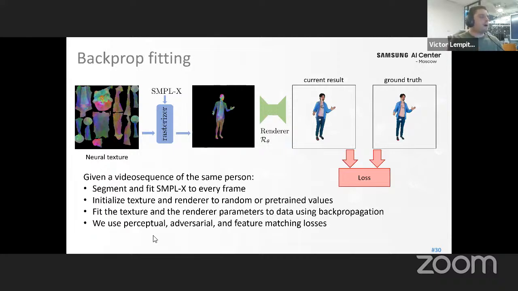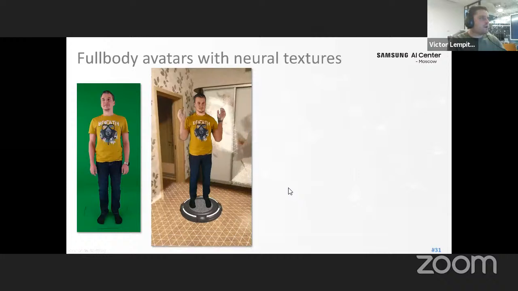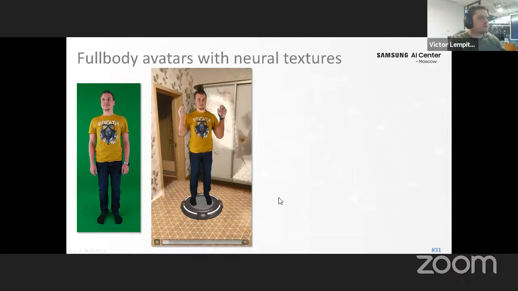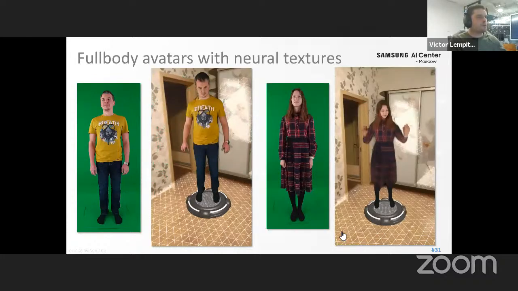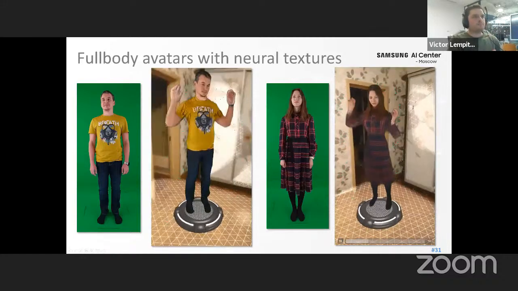Okay. The results are interesting. This thing works quite well. They're not perfectly realistic. Let me play it here, even though it will be choppier. These are models created from long videos, animated by the motion captured from a third person.